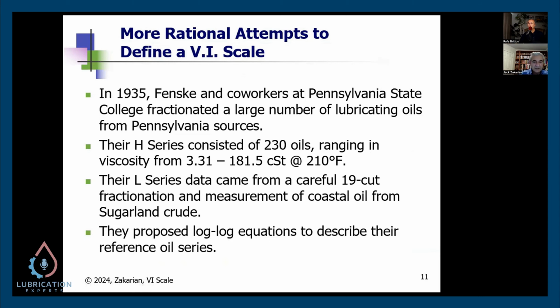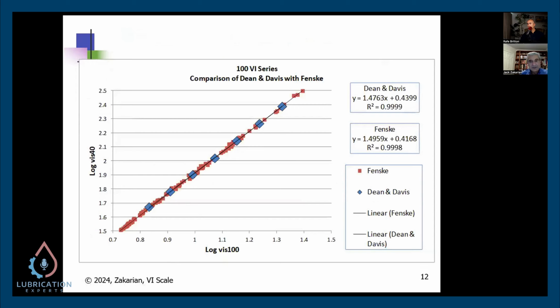And they also recognized then that log-log equations work a lot better to describe the reference oils. So what I'm showing here is if you look at what Fenske did, that's all these red points here. He expanded the scale quite a bit, and I don't show how far out it goes, but it goes, like I said, up to about 180 centistokes.